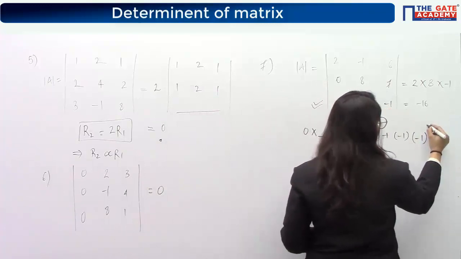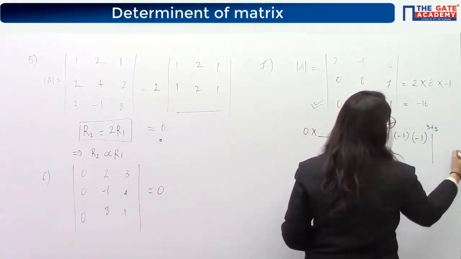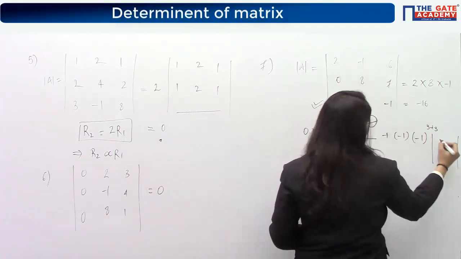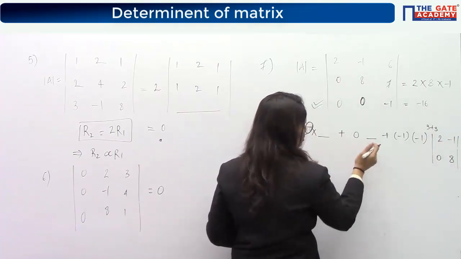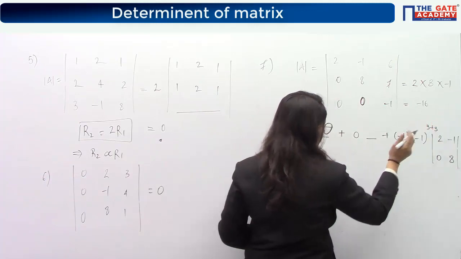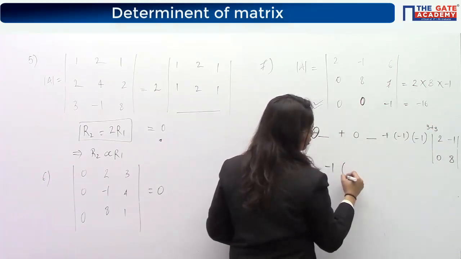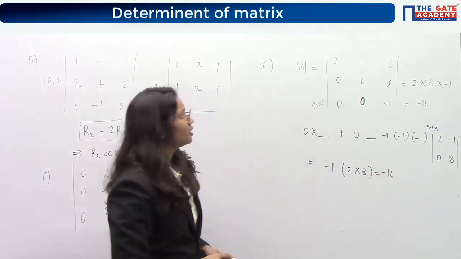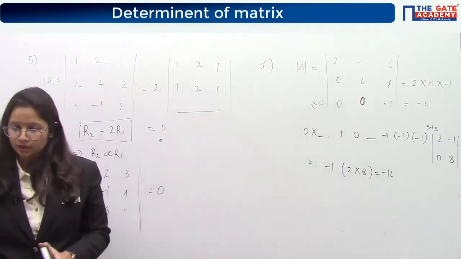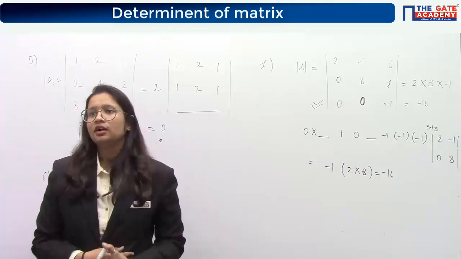This position is 3 plus 3, so minus 1 to the power 3 plus 3 into the minor. Minor is 2 minus 1, 0 and 8. So this is 0, and minus 1 to the power 6 will be plus 1. So minus 1 into 2 into 8, that is minus 16. So yes, for a triangular matrix, the product of diagonal elements is the same as the determinant value.